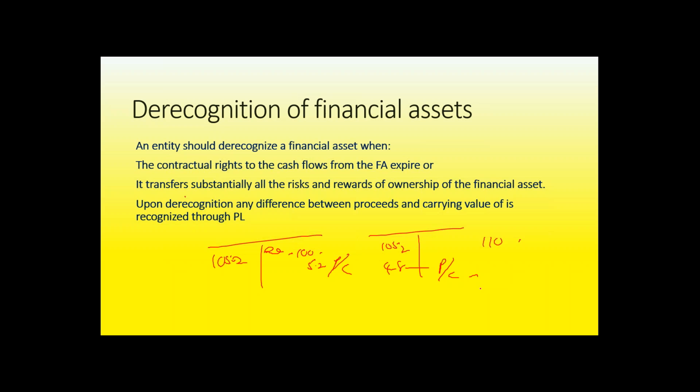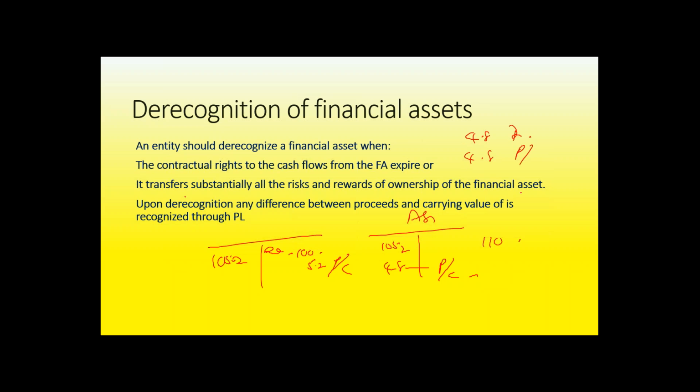So what happens to this 4.8 then? That will go to the P&L straight away as an income, additional income. So you showed it as 105.2, you got 110. Debit this asset with 4.8, because otherwise you can't balance this account, because you have to clear this account, and credit the P&L with 4.8.